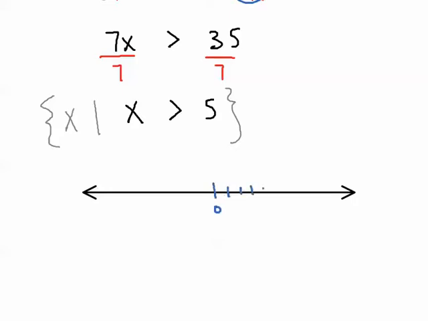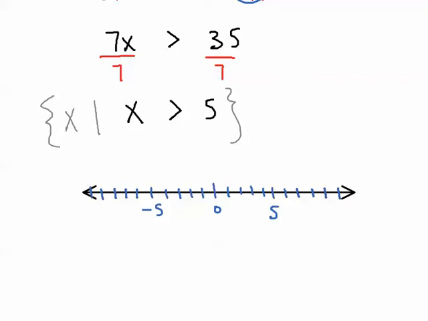1, 2, 3, 4, 5. You don't have to start at 0. I just keep wanting to give you a little bit more of the number line to look at. And then you've got bigger going this way, 7, 8, 9, 10, and smaller going this way, -6, -7, -8, -9, -10.